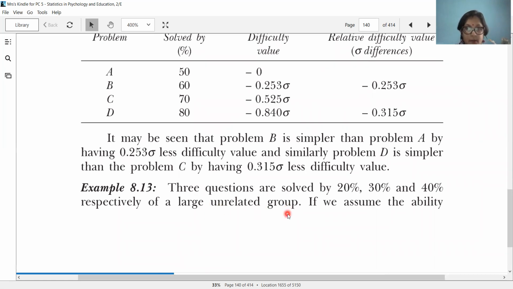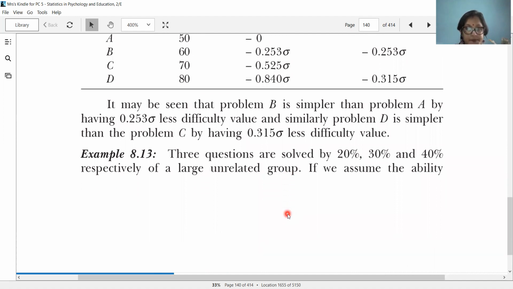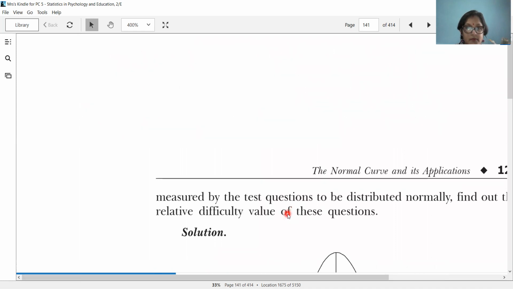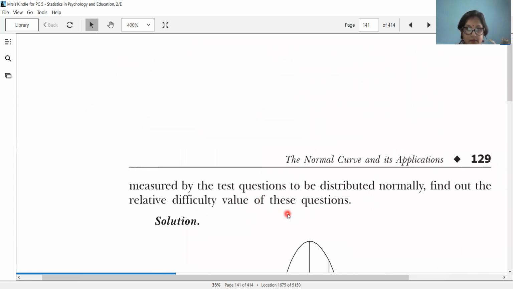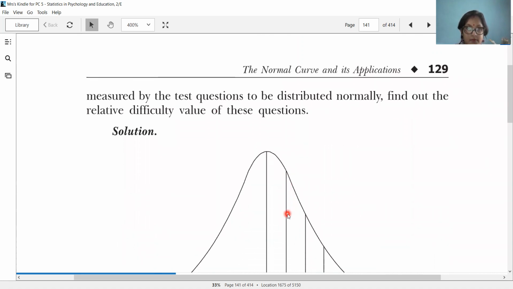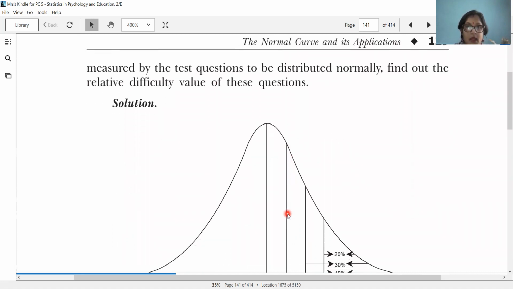Now, if we assume the ability measured by the test questions to be distributed normally, find out the relative difficulty value of these questions. So again, we need to find out the relative difficulty value of these questions.